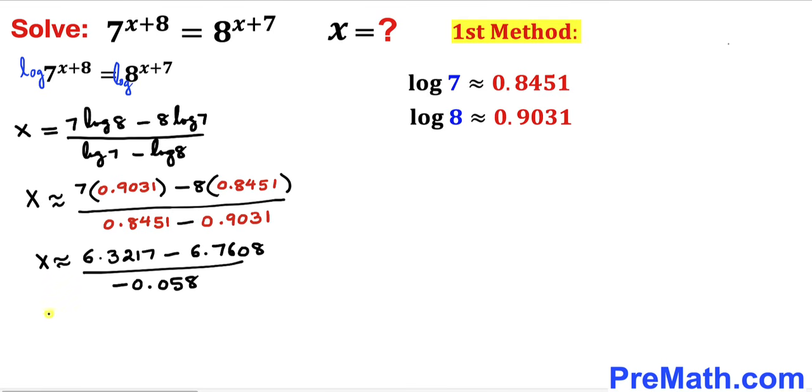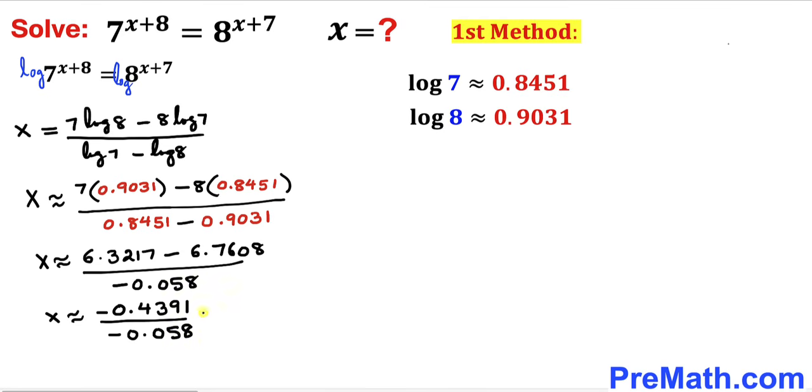So therefore we can write x is approximately equal to, at the numerator, negative 0.4391 divided by, we already got, negative 0.058.